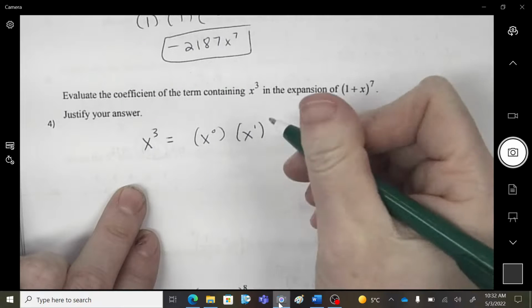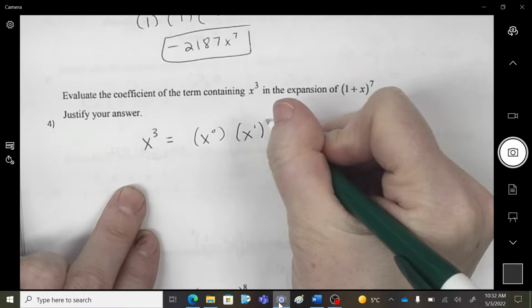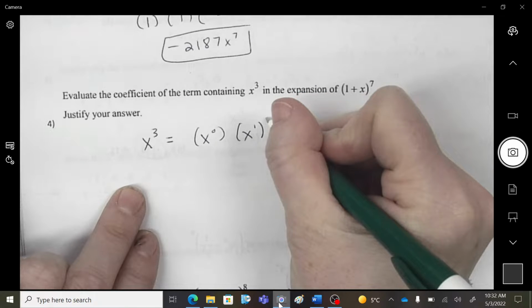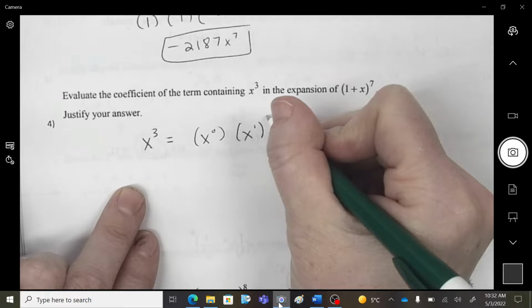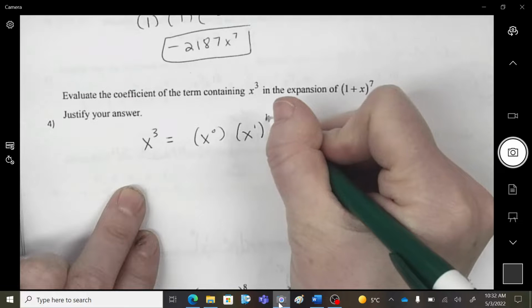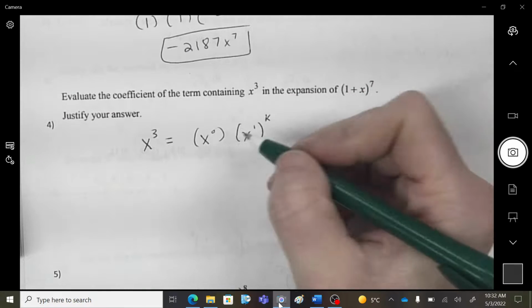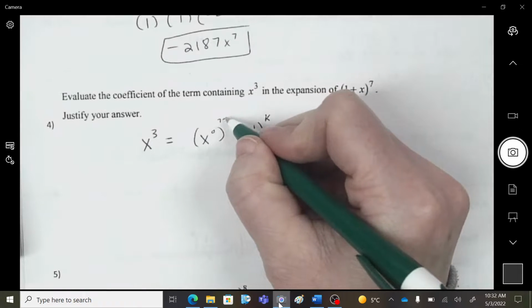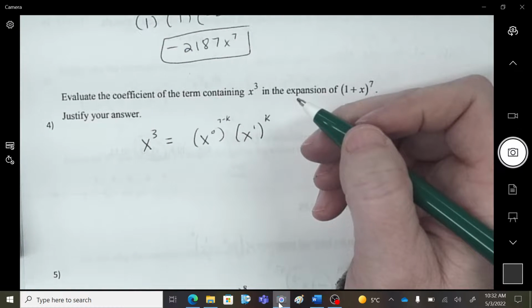And so I don't know what value this is. So I'm going to call it a k, and this would be 7 minus k.